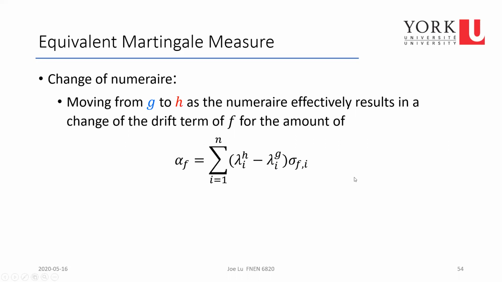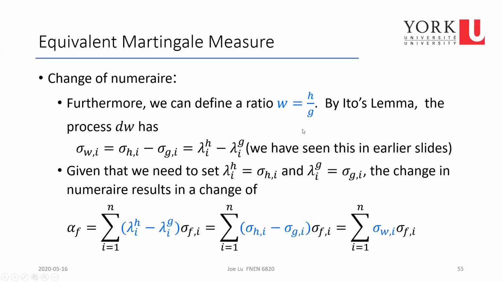So it's a little complicated, but if we can define an asset W, which is the ratio of H divided by G, and if we know the correlation between this asset and the asset F, we can actually have a simpler way to switch from a world where G is used as a numeraire asset to a world where H is used as a numeraire asset.